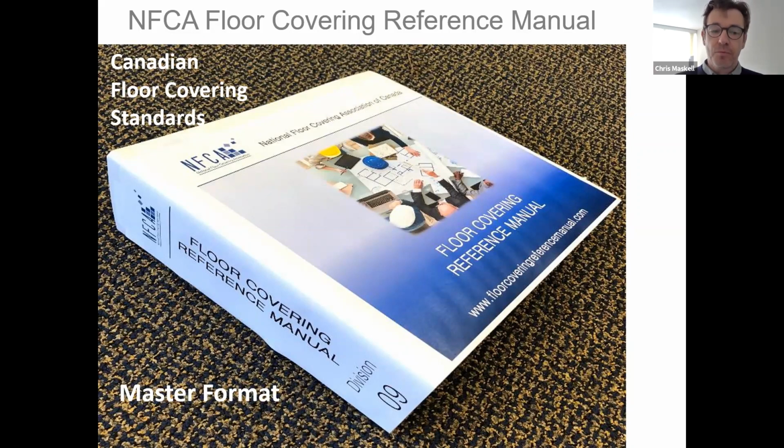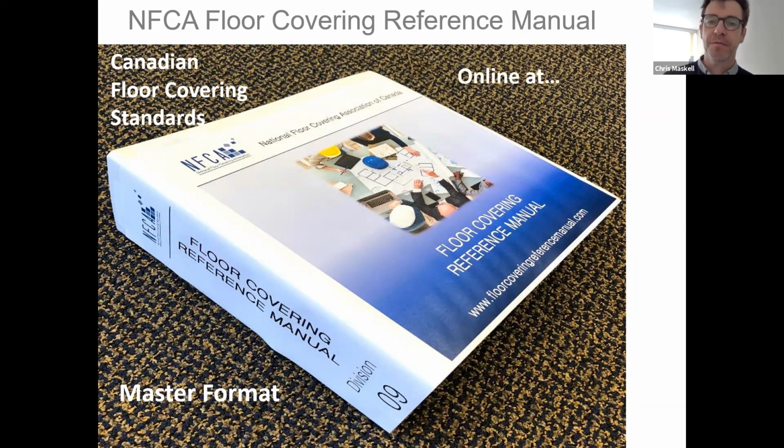So the document is written in something we call master format. That is the architectural speak, if you will, so that architects can open this book and copy the text very easily into their documents, their specifications, to get minimum standards, at least updated, accurate information as it relates to flooring included in their projects.